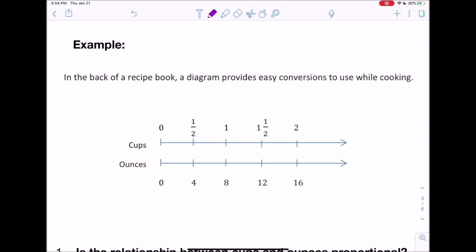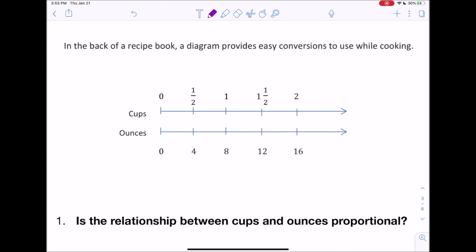And 2 cups is equal to 16 ounces. Okay, is the relationship between the cups and ounces proportional? Well, if they are, then there should be a unit rate, right? The cups should be multiplied by the same number to get the ounces.